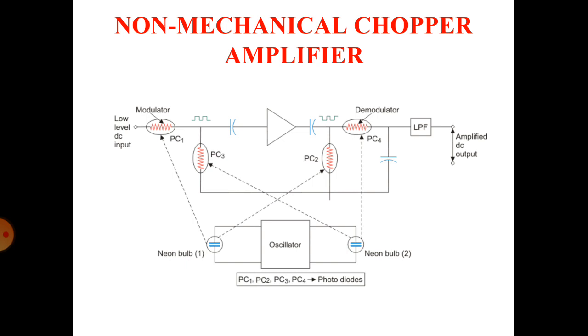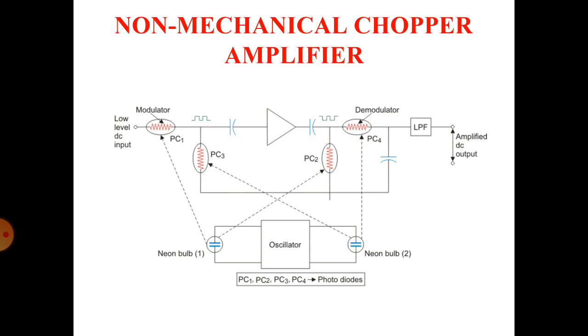So again I am repeating, neon bulb 1 is connected with PC1 and PC2, and PC3 and PC4 are connected with neon bulb 2. Neon bulb 1 is connected to the modulator circuit and neon bulb 2 is connected to the demodulator circuit.